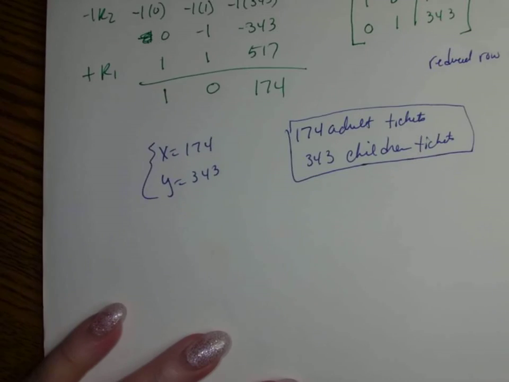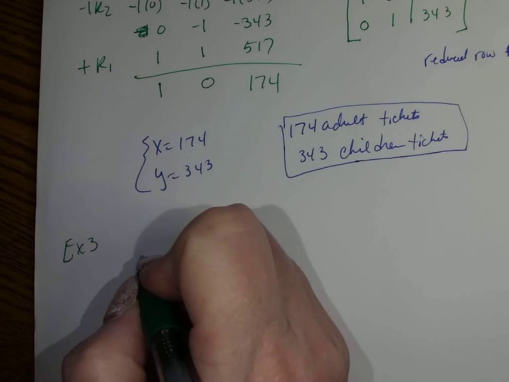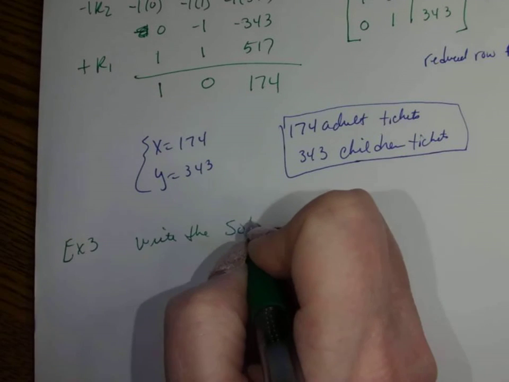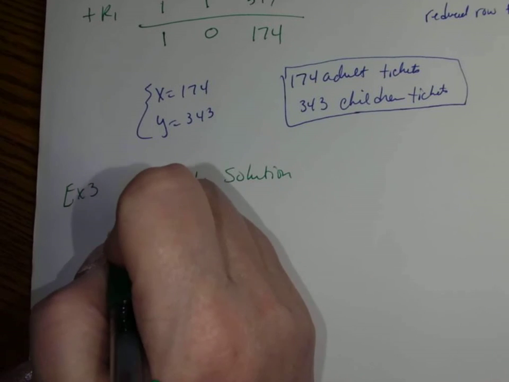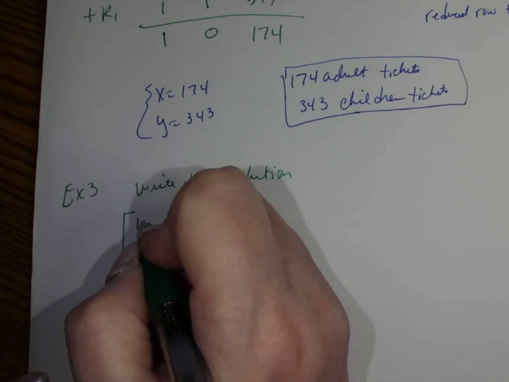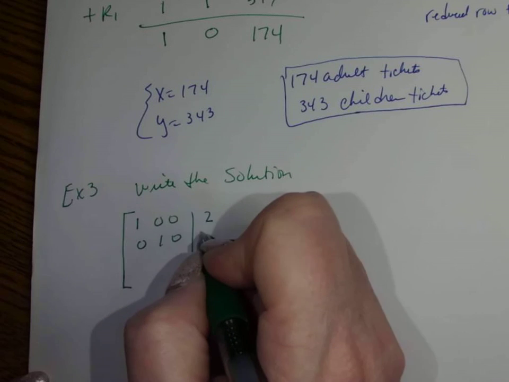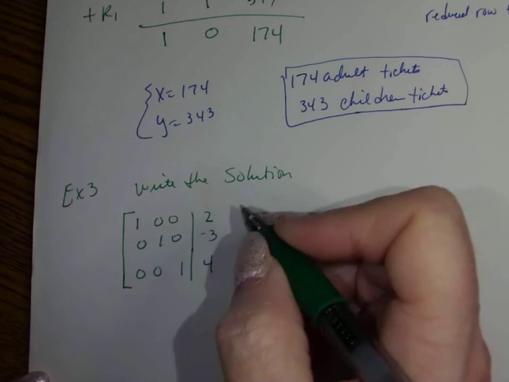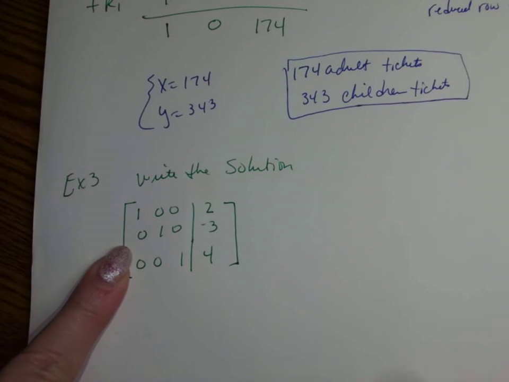All right, so now we have example 3. And we're just going to write the solution for this. So if we have a matrix that is 1, 0, 0, 2, 0, 1, 0, negative 3, 0, 0, 1, 4, this would be in reduced row echelon form because it has zeros on the top part.